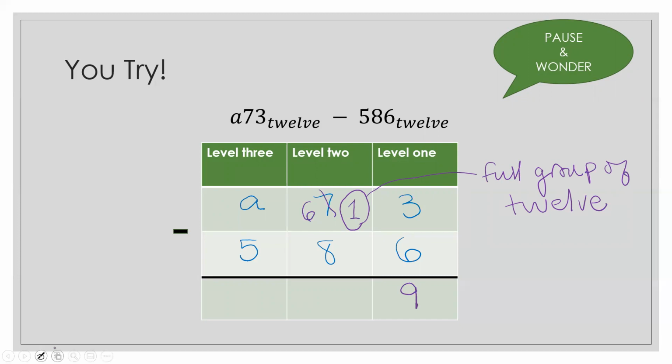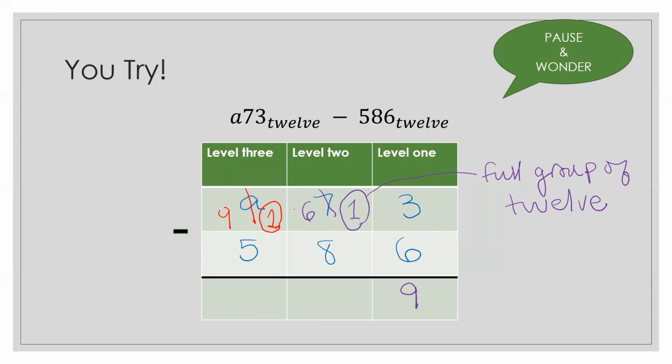Okay. Then in the second place value, I am supposed to take 8 away from 6, which is not enough. I have to regroup the A to be 9 and 1 right there. This one again in the third level is the same as one full group of 12 in the second level.